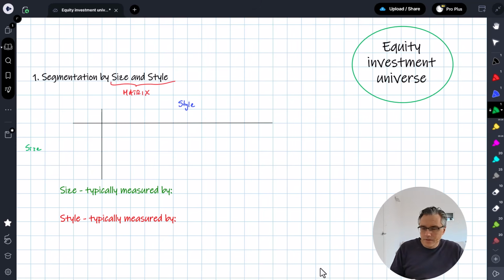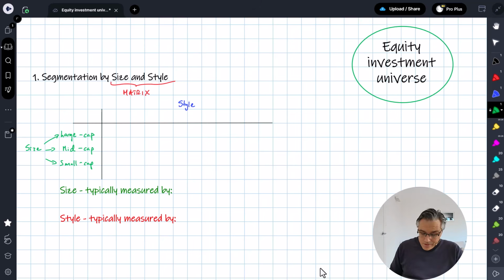Size is a very simple segmentation, well, relatively simple. We're talking about the size of the company. So the typical setup would be to split these companies up into the large cap companies, the mid-sized or mid-cap companies, and of course small cap to close things off.